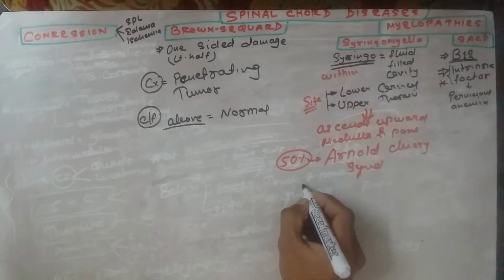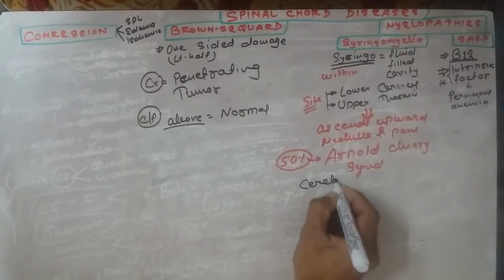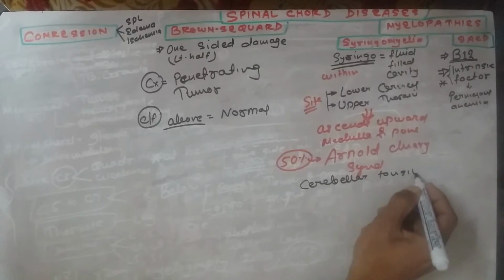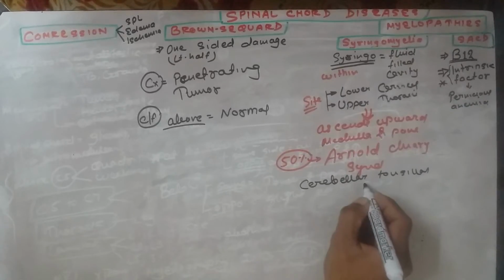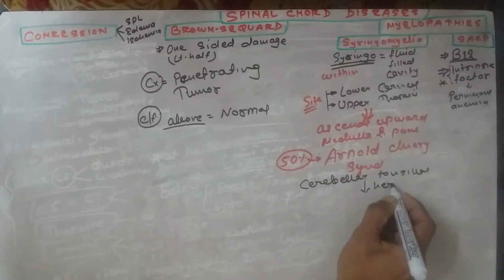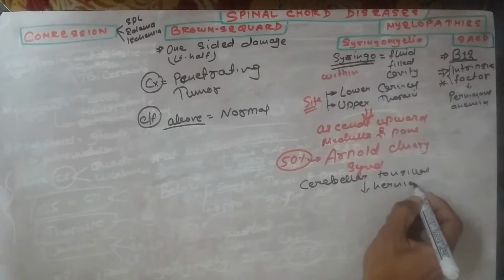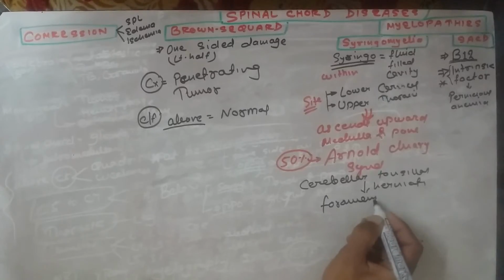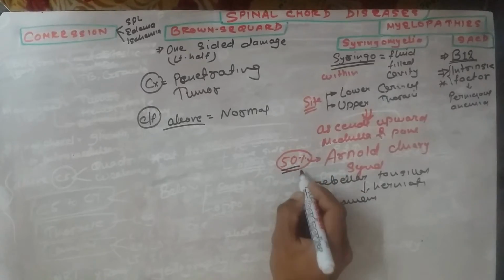The cerebellar tonsil gets herniated from the foramen magnum. So this is the feature.